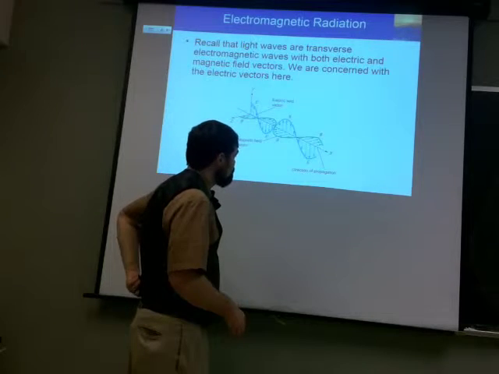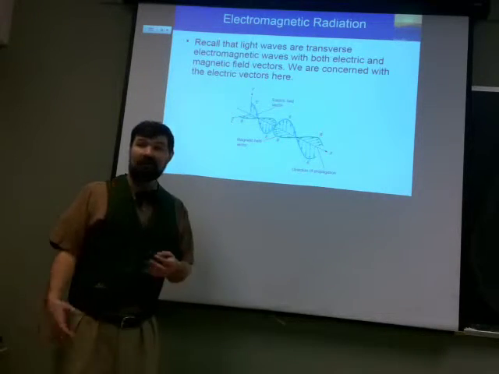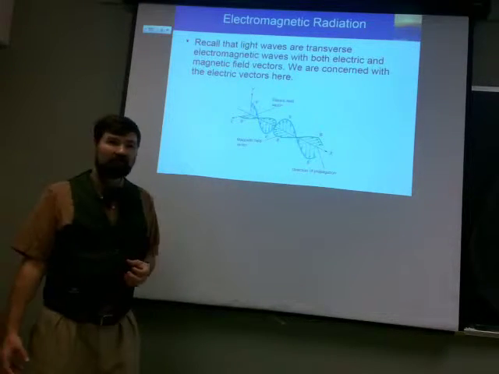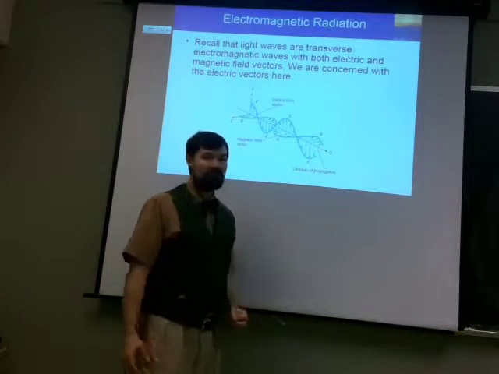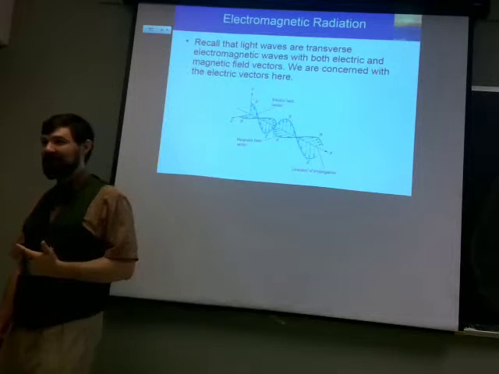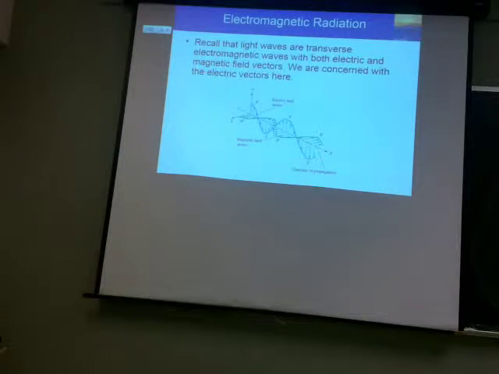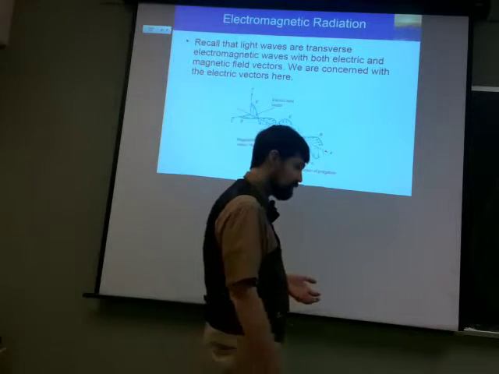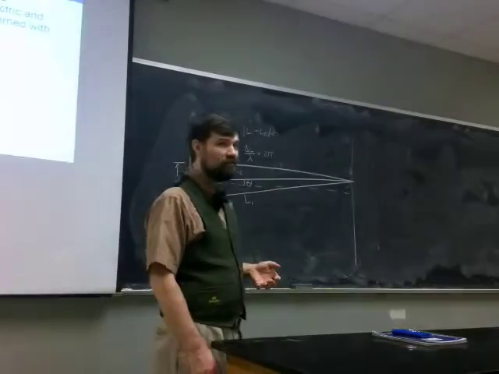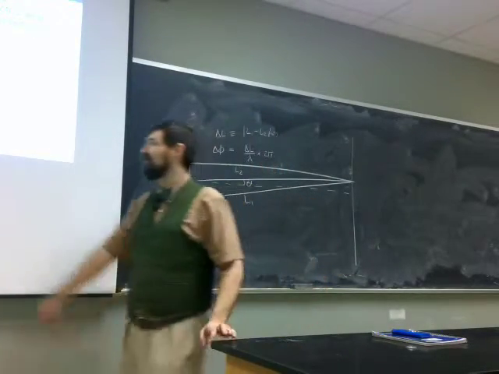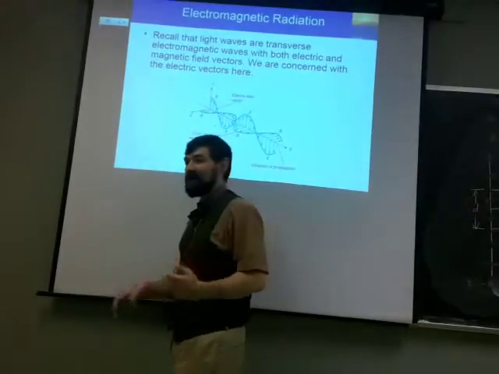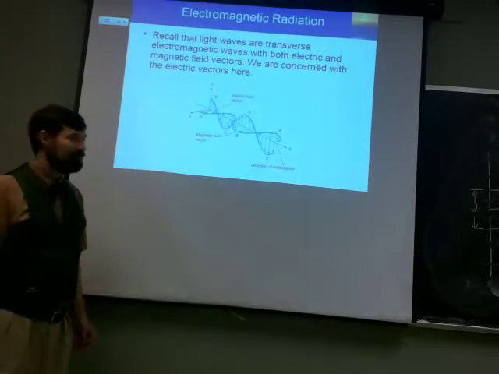Light and any other type of electromagnetic radiation is basically an oscillation of an electric field and of a magnetic field. So what are electric and magnetic fields? Electric fields basically apply a force upon a charge in the same direction as the arrows are pointing, depending on the sign of the charge, of course.